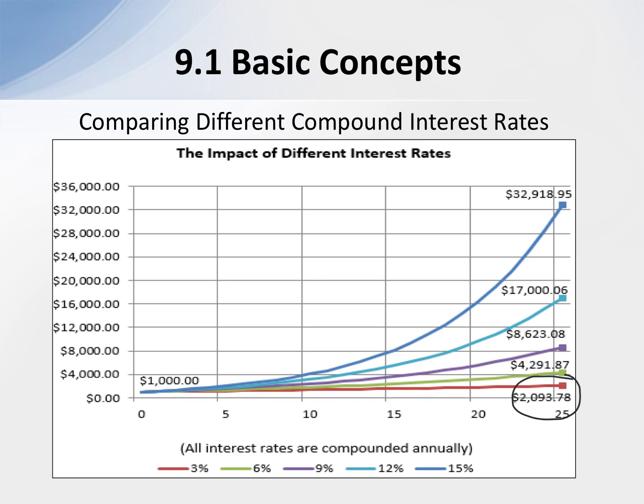So here we're looking at annual compounding, and at the end of 25 years, that $1,000 will be worth $2,093.78. If we look at 6%, just a change in interest rate, we're going to see at the end of 25 years that $1,000 will be worth $4,291.87, and so on.